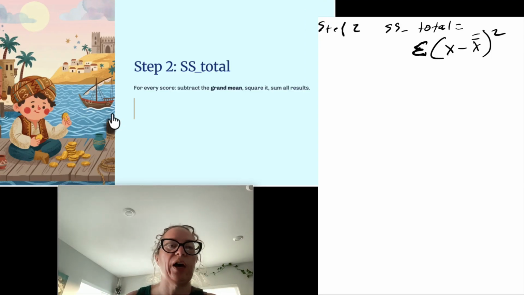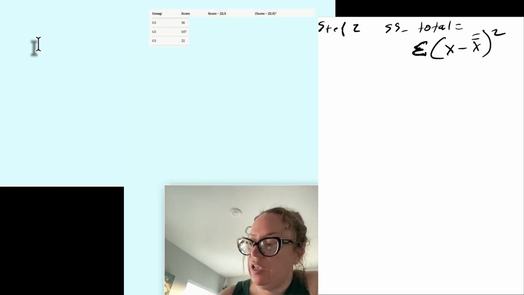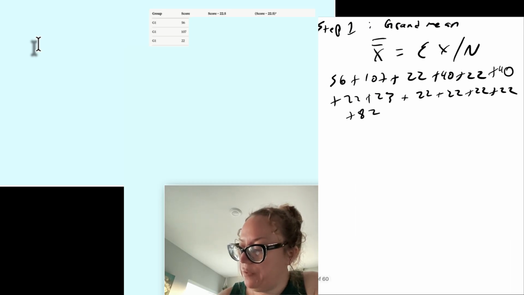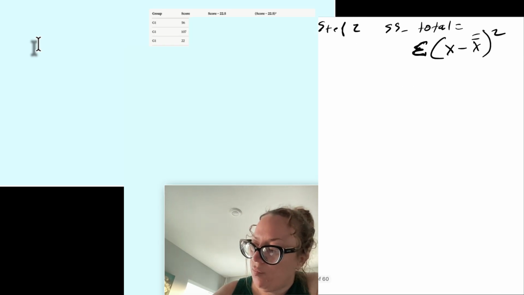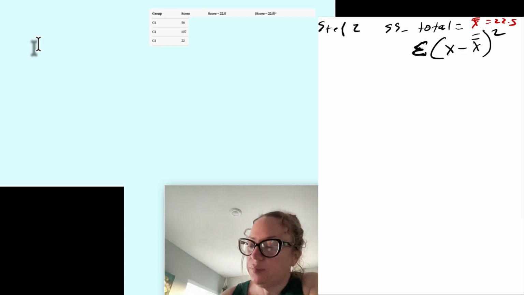Okay, so let's look back at the table. We have our scores here, and we know our grand mean is 22.5. We'll write it here: X bar bar equals 22.5. Write that down where it's easy to see. Then we're just going to take every value.